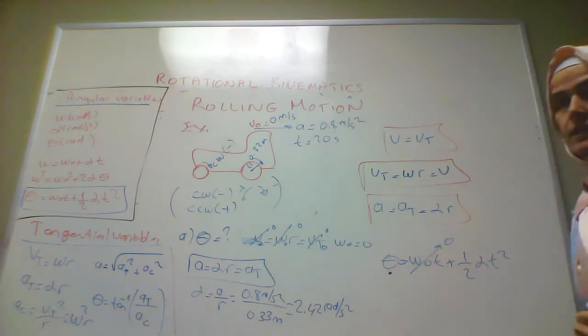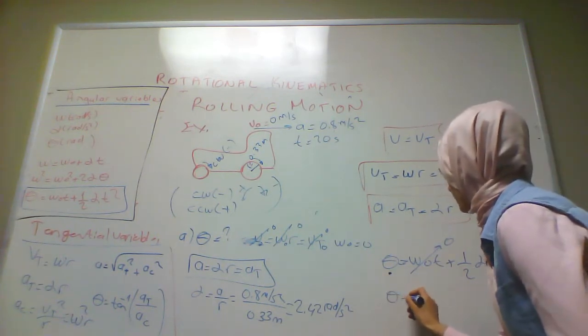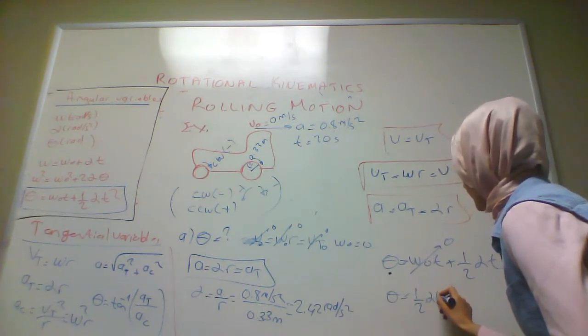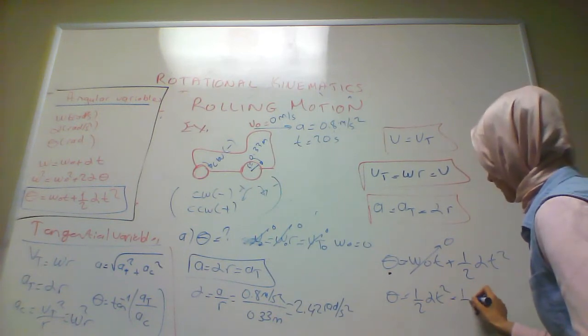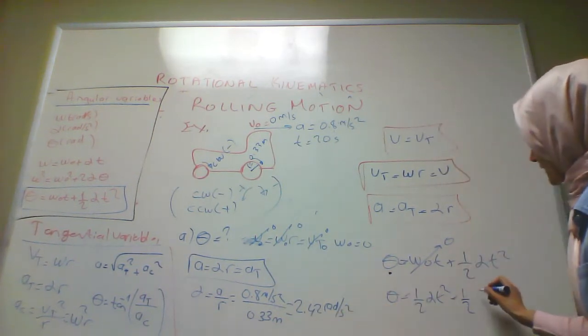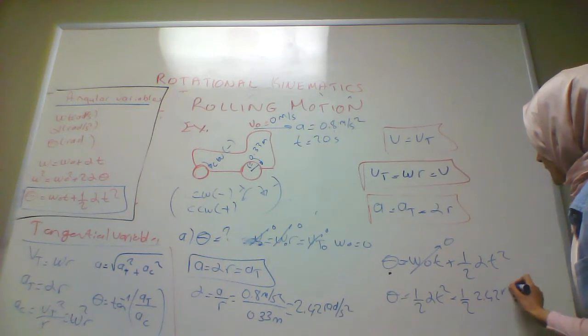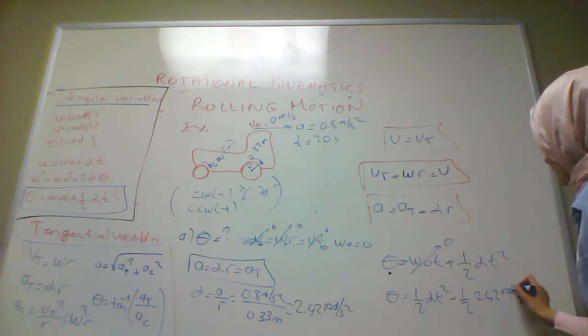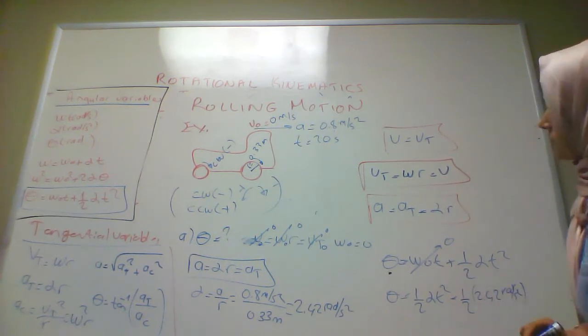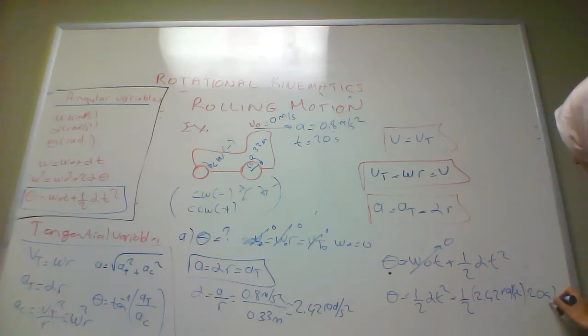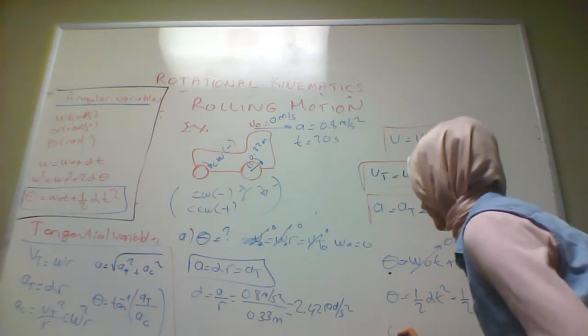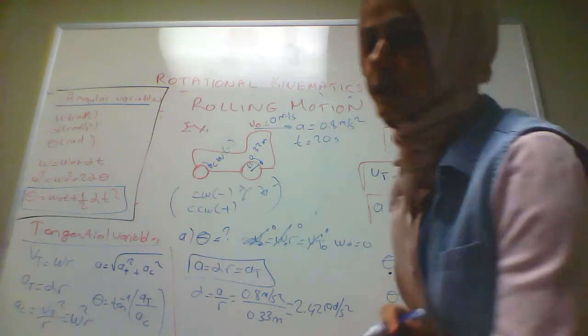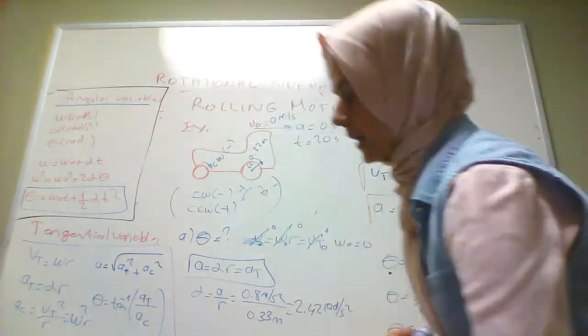Omega 0 is 0. This will cancel, and theta will be equal to 1 over 2 alpha times time squared. 1 over 2, alpha is 2.42 rad per second squared, times the time, 20 seconds, squared. Theta should be, from here, 484 rad.